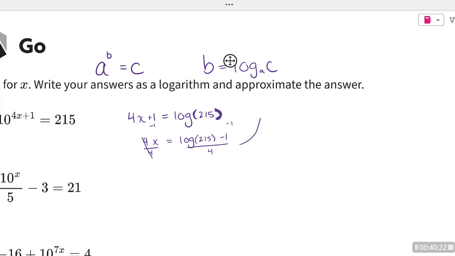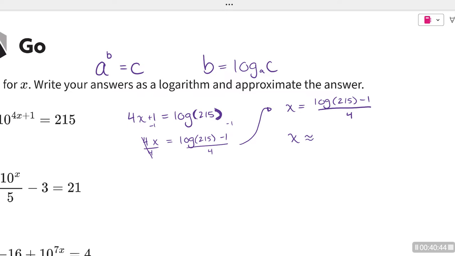So x equals exactly log of 215 minus 1, all over 4. I could also make that 1/4 log of 215 minus 1/4 and move that 1/4 up into the exponent of the logarithm, but let's just leave it like this.